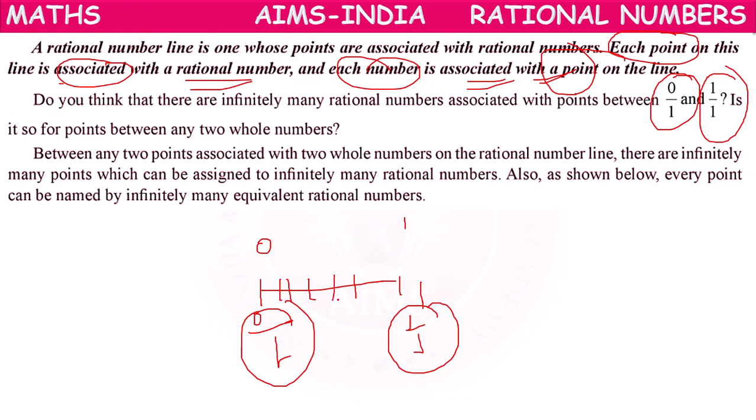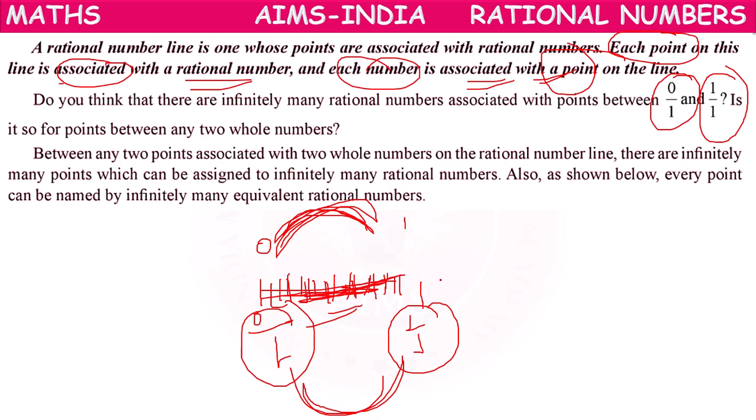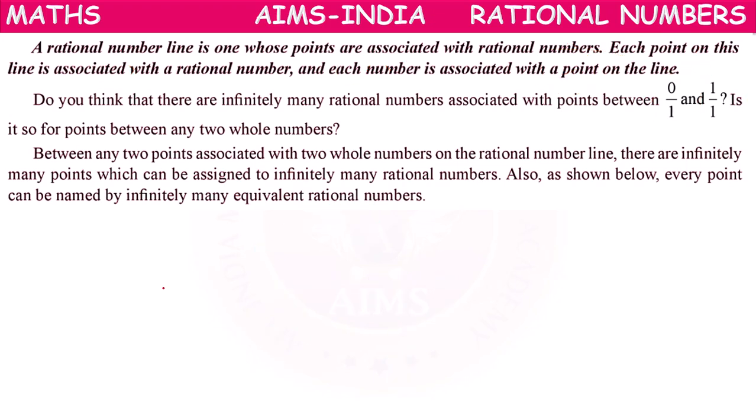If you make 5 equal parts, 5 rational numbers. If you make 10 equal parts, 10 rational numbers. Like that, if you make infinite parts, we will get infinite rational numbers between 0 and 1. So between 0 and 1, there may be infinite rational numbers. It depends on this 1 unit, how many equal parts we are going to divide it into. Based on that we can have.